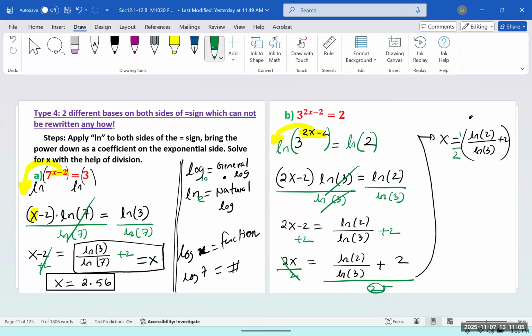Dividing by 2 means multiplying by 1/2. So when you multiply, you distribute into both of them. So we get x equals ln of 2 divided by 2 times ln of 3. And here we have 2 divided by 2.